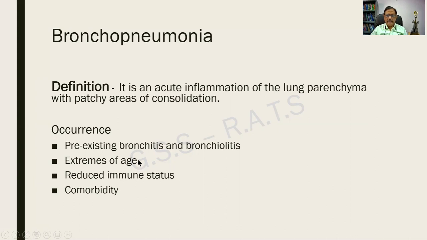It can be a very young child or an old person with reduced immune status. Patient may be having HIV or he may be on immunosuppressive agents. And there can be comorbidity, in the sense other illnesses can be existing, such as diabetes, which we had mentioned in this case.